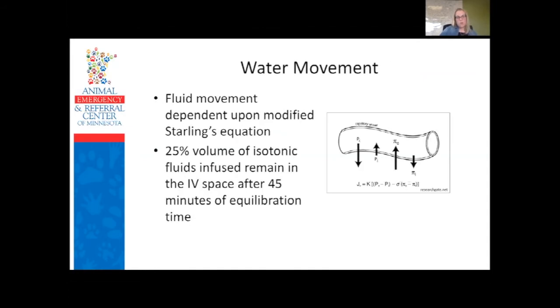And so that COP, the hydrostatic pressure, and the capillary permeability are described by the modified Starling's equation. So this is the equation here in this picture. And this is the equation that describes water movement everywhere throughout the body.